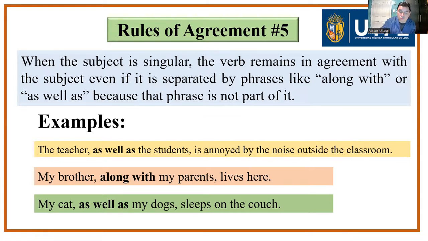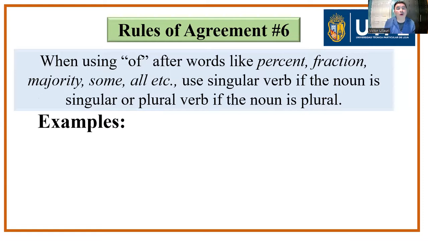Let me give you the next rule of agreement, number 6. When using "of" after words like percent, fraction, majority, some, all, etc., use a singular verb if the noun is singular or a plural verb if the noun is plural. What does this mean?